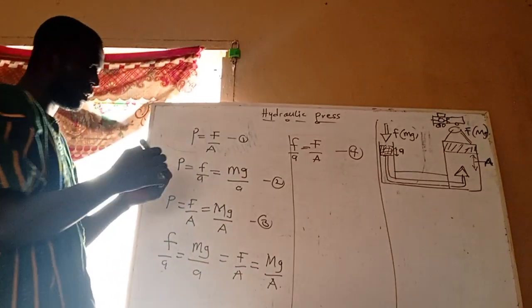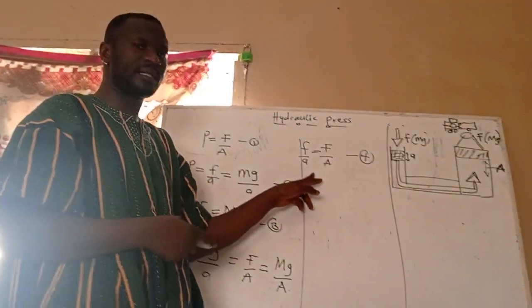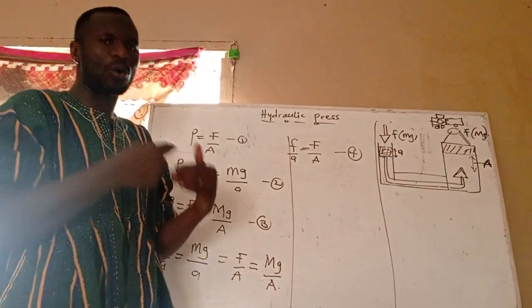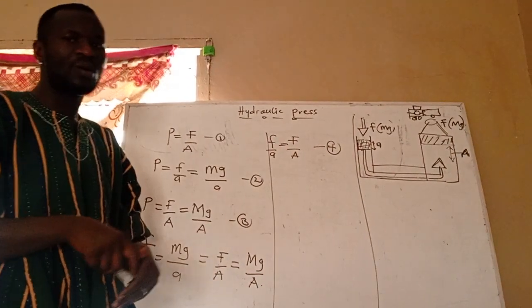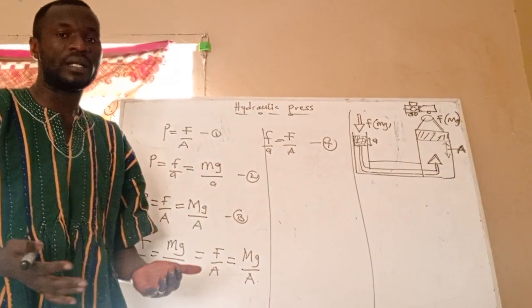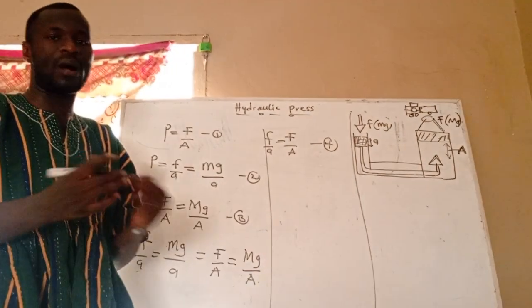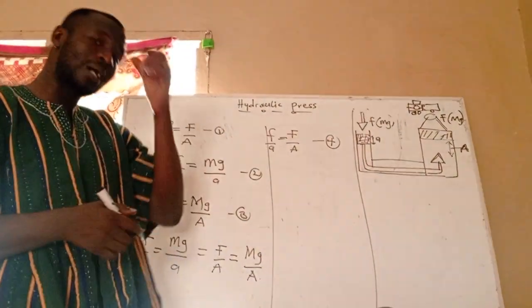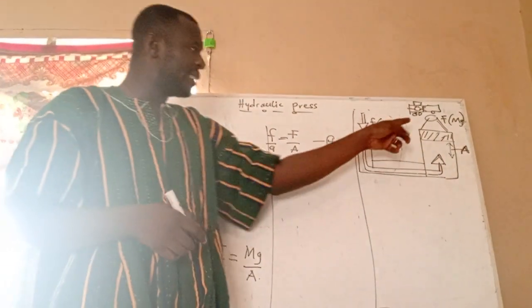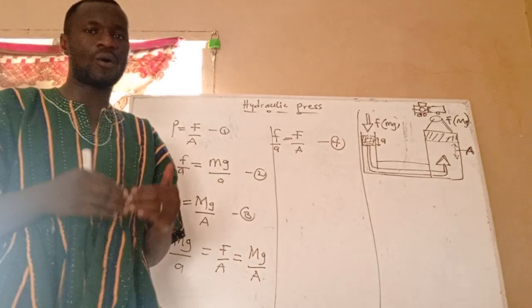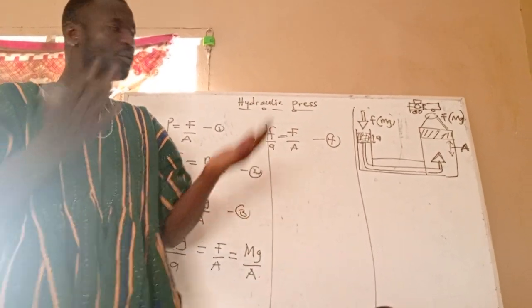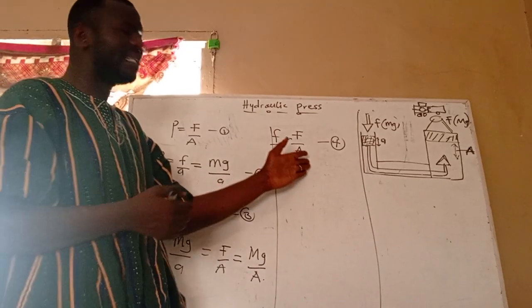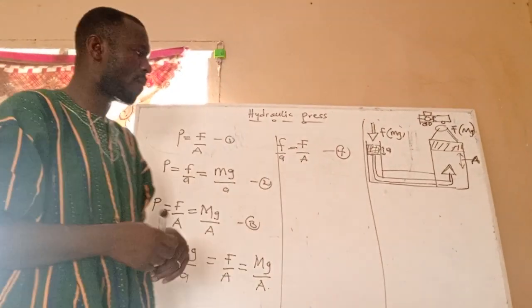We can use this equation to calculate the force that was exerted within the hydraulic press when it was able to raise a car or an object. We can also calculate the high force generated when the car was raised by using equation 4.